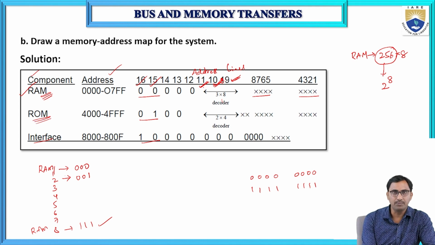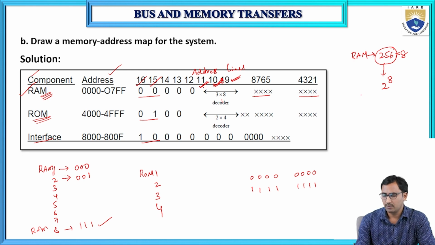And coming to the ROM chip. In total we require 4 ROM chips: ROM 1, ROM 2, ROM 3, ROM 4. The size of the ROM is 1024 by 8.